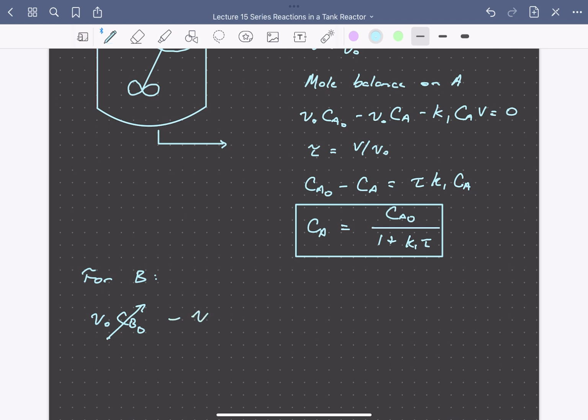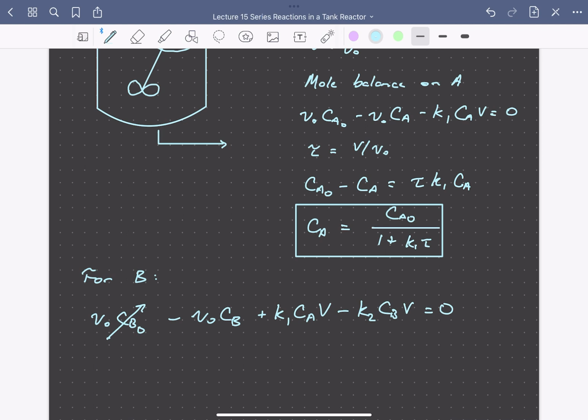We have B flowing out of the reactor, so that's V0 times the concentration of B either in the reactor or at the outlet, as these concentrations are equal, plus the rate of generation of B. So we have generation from the first reaction, which depends on first reaction rate constant K1 times the concentration of A times the reactor volume, minus that second reaction which consumes B to form C.